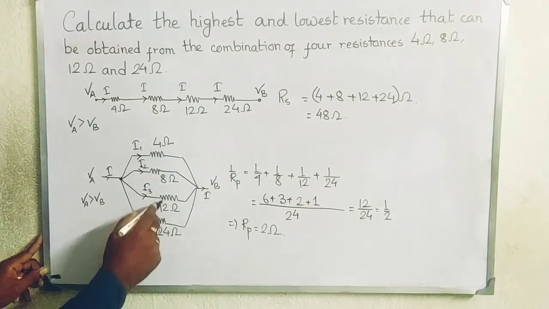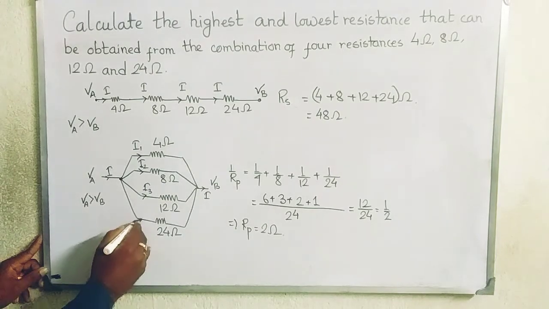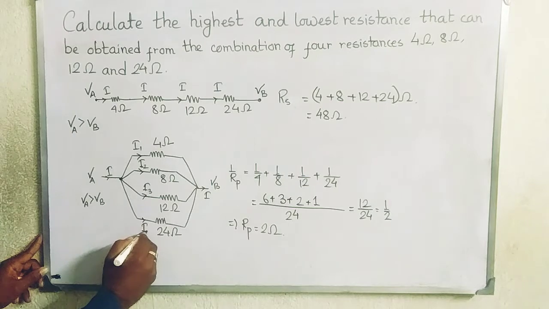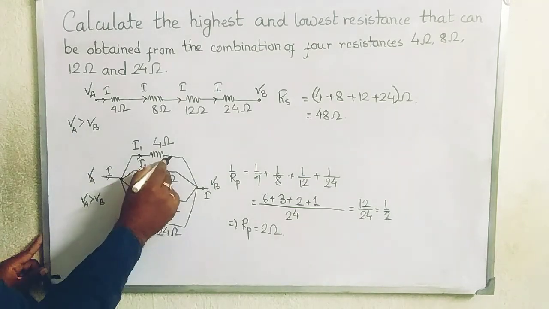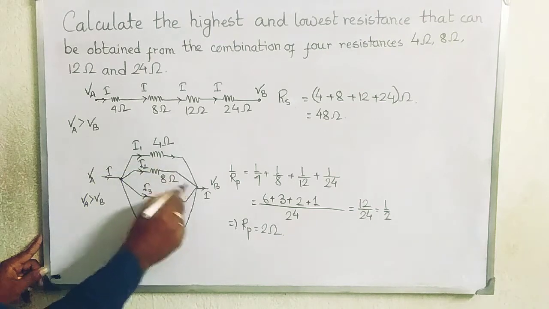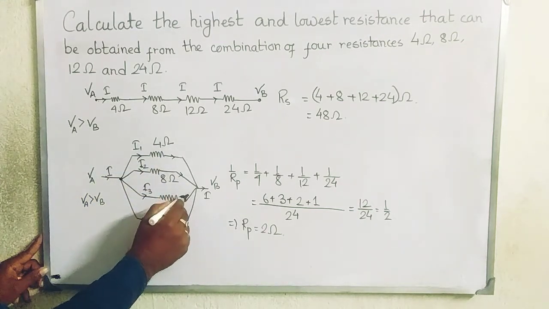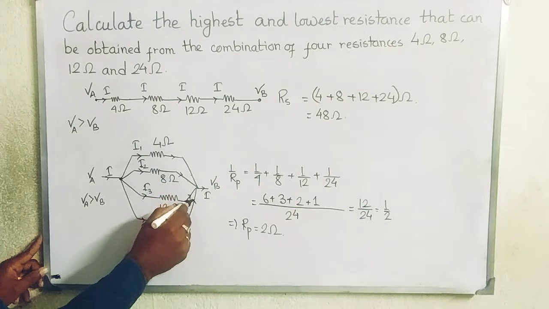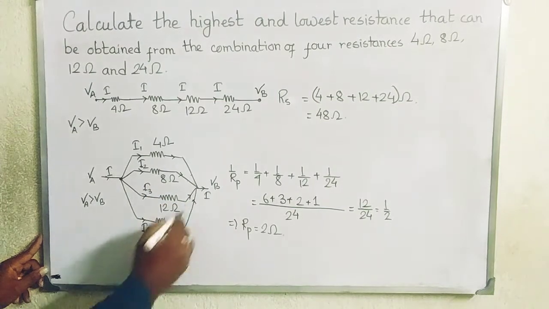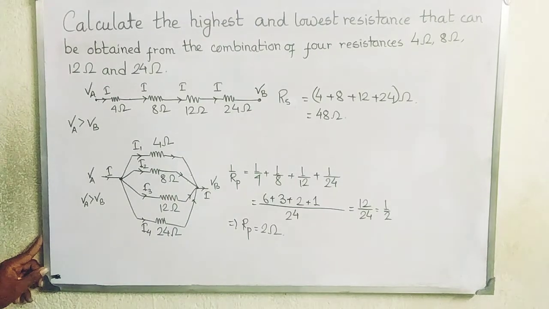Similarly, 24 ohm is the maximum resistance used here, so the minimum current is flowing through it. So obviously we can say here the I1 flows like this, here the I2 flows like this, here the I3 flows like this, and here the I4 flows like this. And I1, I2, I3 and I4, just algebraically added, give you the I.